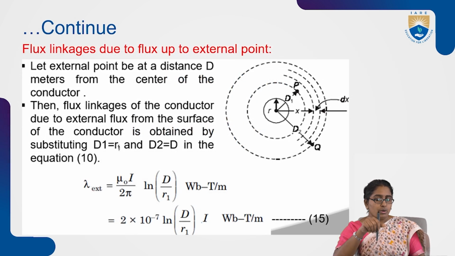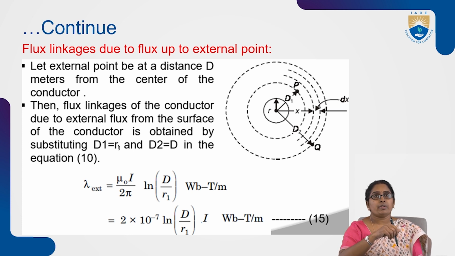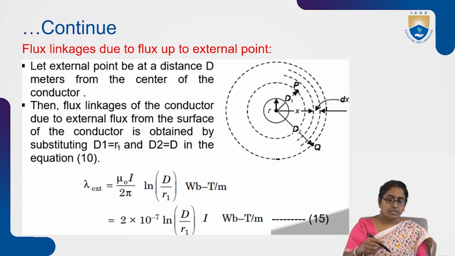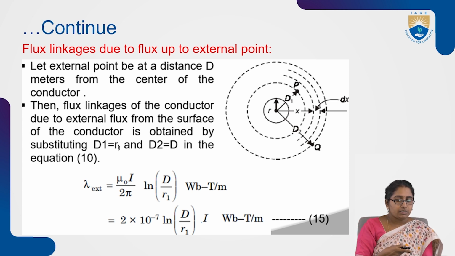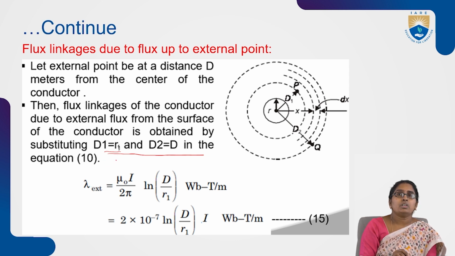So from this knowledge we come to our actual case, where we consider d1 equal to r1 and d2 equal to D. That means D2 is nothing but the distance between the two conductors.